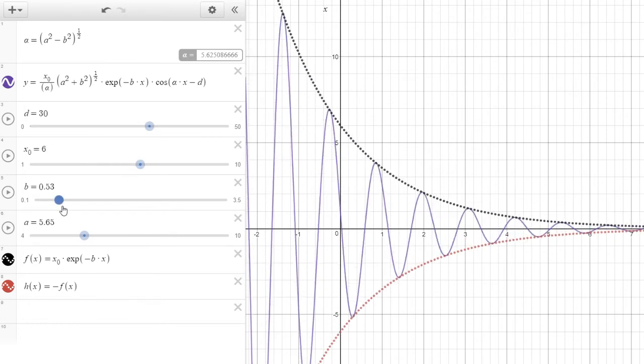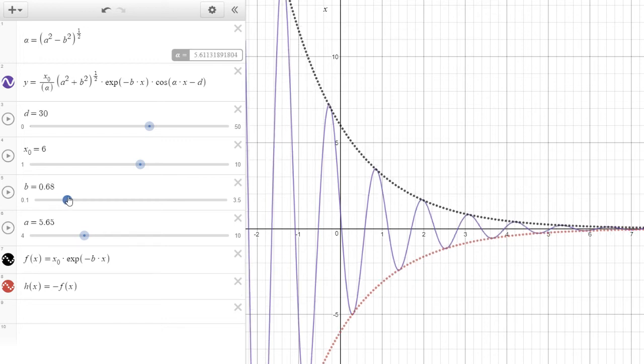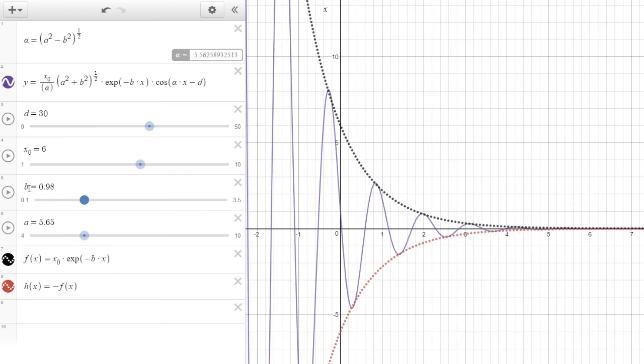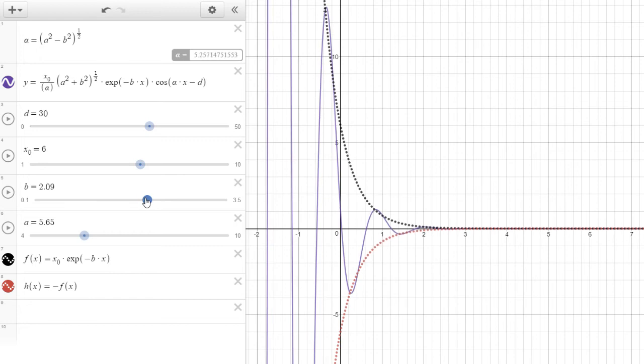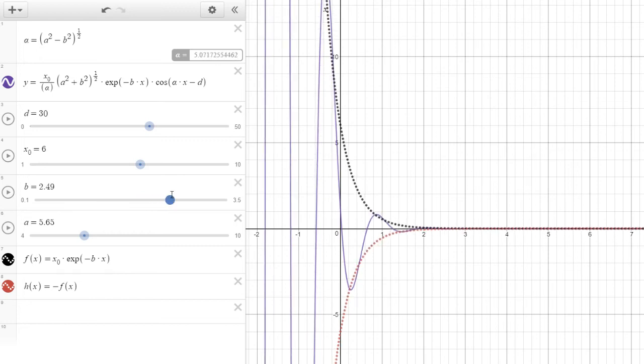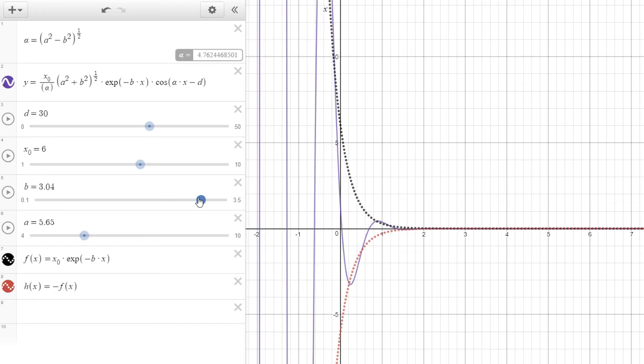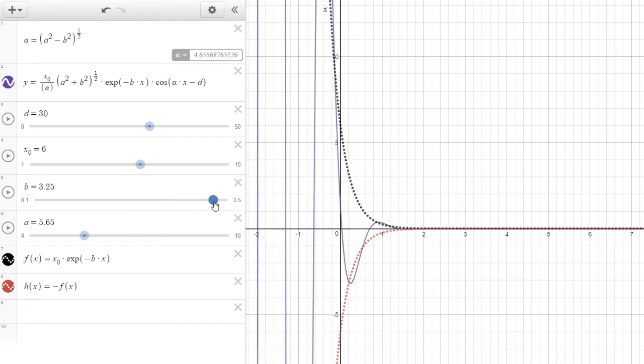Now the value of b, as we said, would be the value of the viscosity, and the value of a is directly proportional to the stiffness. So we can adjust the viscosity and the stiffness of the system. Watch the viscosity changes in relation to the stiffness, then you can see that the actual damping changes. As the value of b increases, it settles down after just one oscillation.